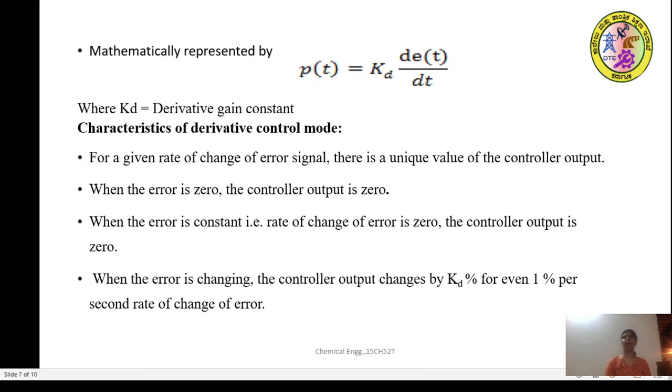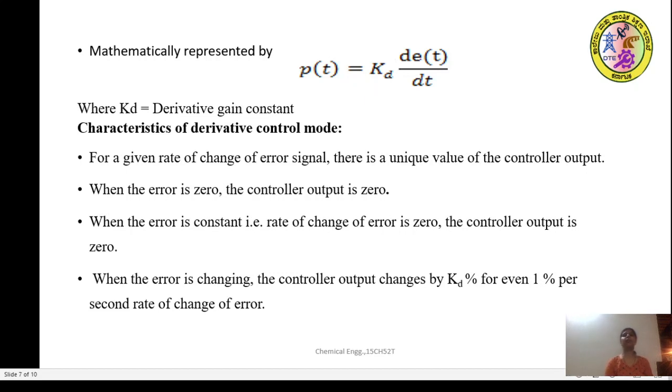So mathematically, how do we represent it? The output value of the manipulated variable is directly proportional to the derivative of the error, dE of t divided by dt. The proportionality constant here is replaced with a derivative gain constant, as we have learnt in the proportional gain, where we have Kp.